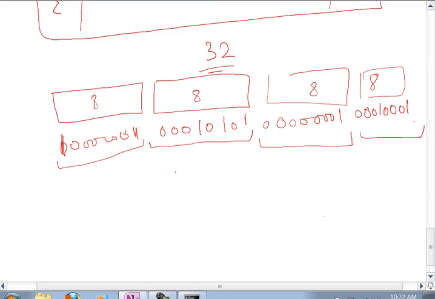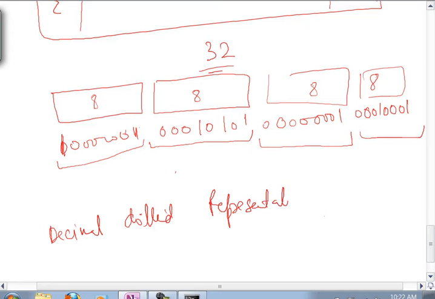We do not represent in binary; we use the decimal dotted representation. So we simply convert this into decimal.